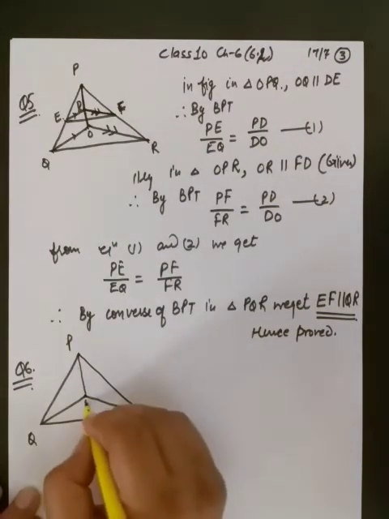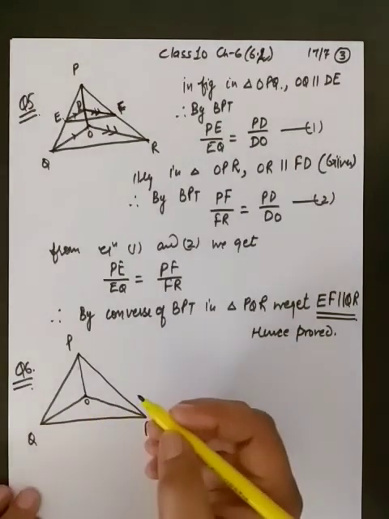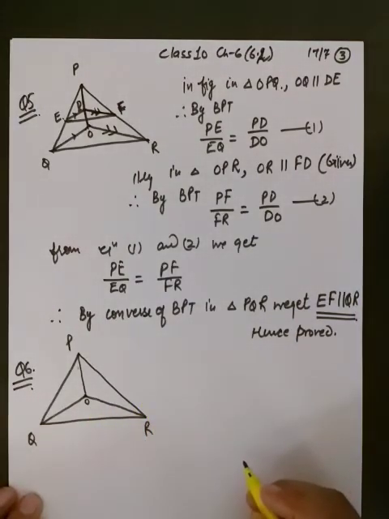This is point O. Now we have to mark points A, B and C on OP, OQ and OR such that AB is parallel to PQ.